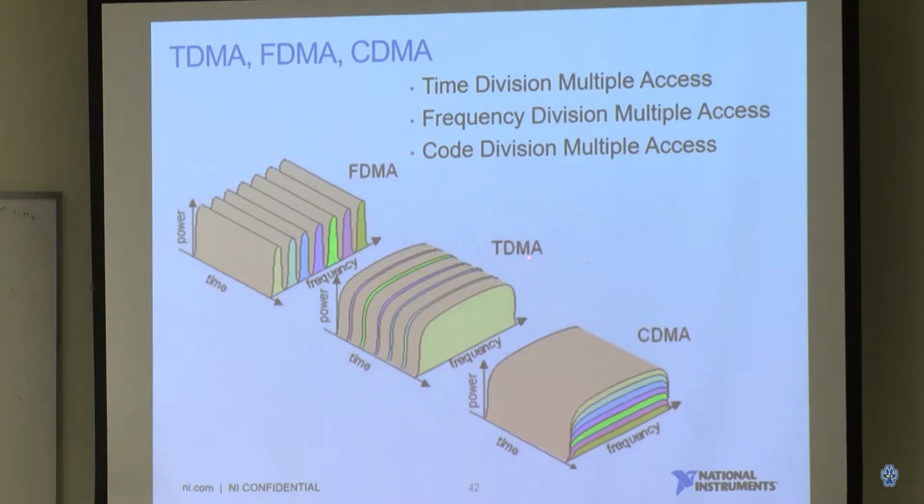When you talk about TDMA, it means time division, so the color codes represent different signals in the time domain, and in the frequency domain they look the same. And CDMA is code division. That means they use different signals with different power to represent. They look the same in frequency and time, but they look different in power, because you can use 0 and 1 to represent different power.